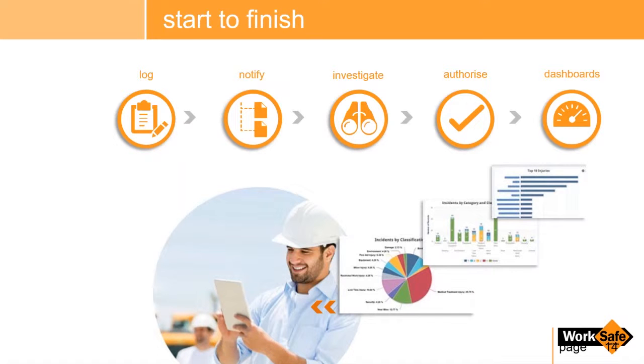I've logged the incident. It should automatically, as soon as I'm online, and most people are online these days through mobile networks, notify someone that something has happened or that there is a dangerous situation. So email notifications or SMS alerts. A process should then ensure, now if it's a hazard, it may not be an investigation, it might be an analysis of that hazard, but if it's an incident, it may be an investigation.